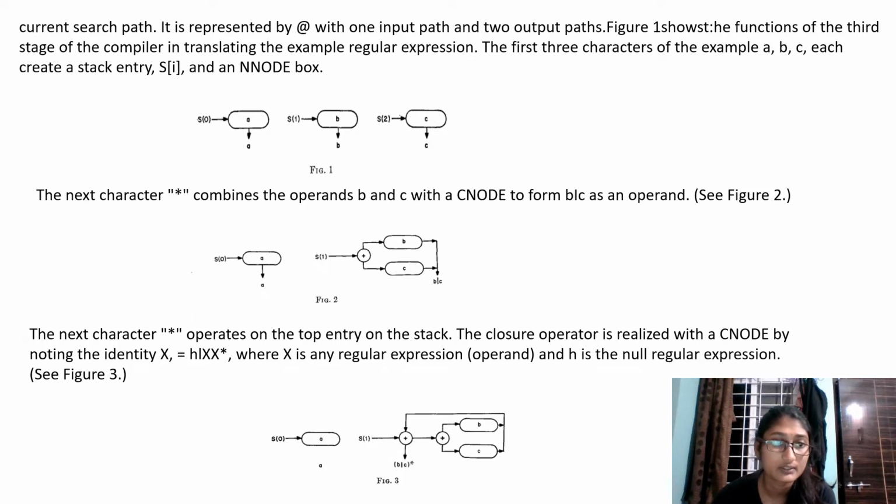The next character, the star, operates on the top entry on the stack, and the closure operator is realized with the C node by nothing and the identity x equals x dot, where x is any regular expression operand and the dot is the null regular expression. Figure 3.